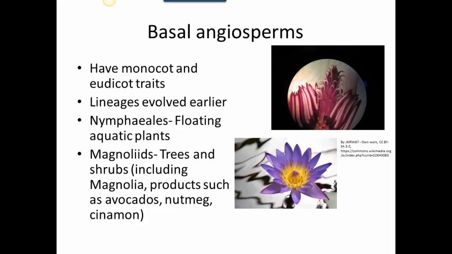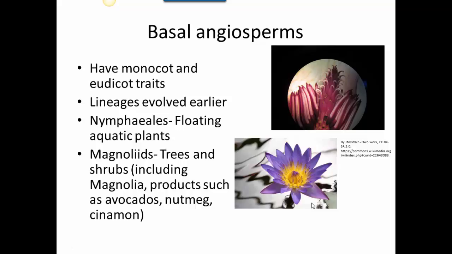So basal angiosperms include plants in the group Nymphales, which is a relatively small group of plants like this water lily. So the plants in that group are floating aquatic plants. You've probably seen them before.